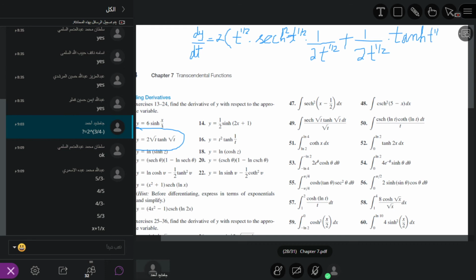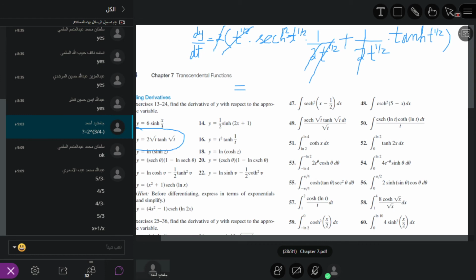So we cancel t power 1 by 2 with t power 1 by 2. Now this 2 will be cancelled with this 2 and this 2. So what is remaining?